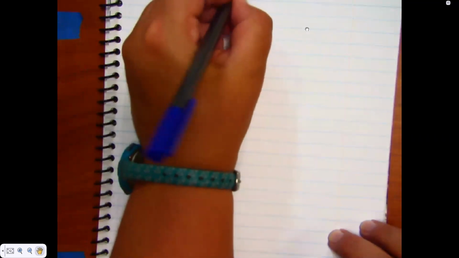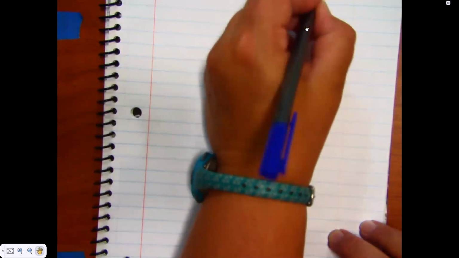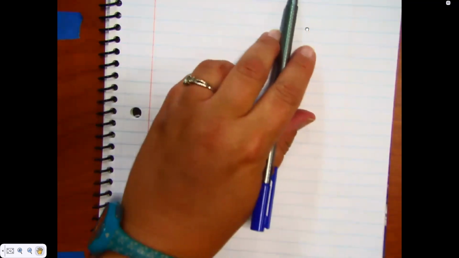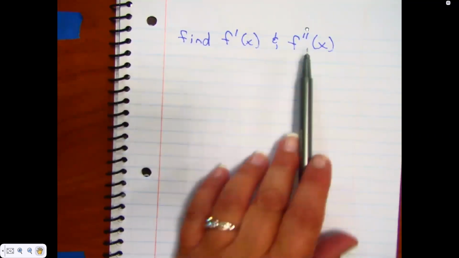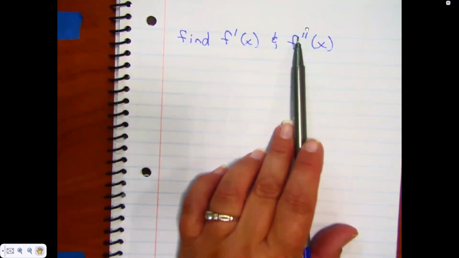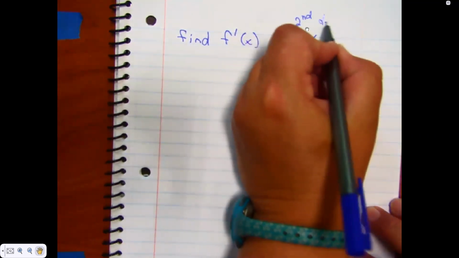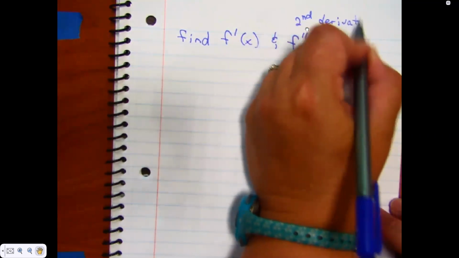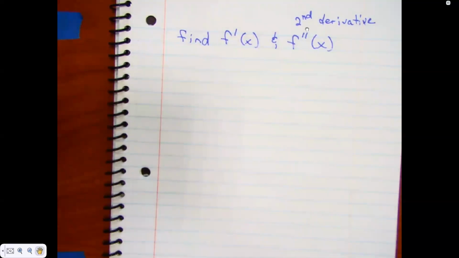We got one more. Find the first derivative and the second derivative. Two lines mean, okay, you got to see that. That's important. That means the second derivative. We still could do a third derivative.